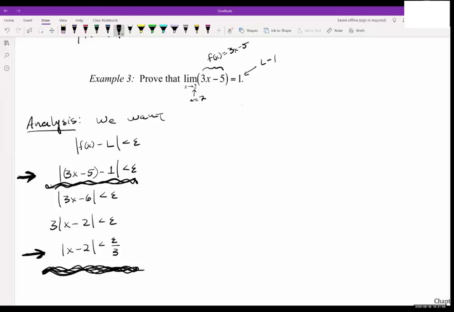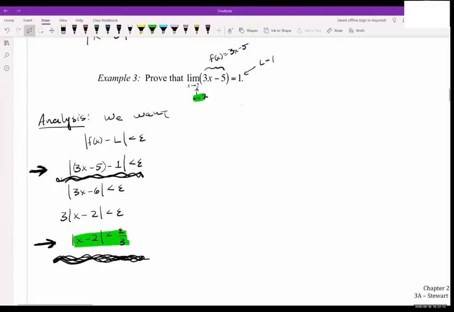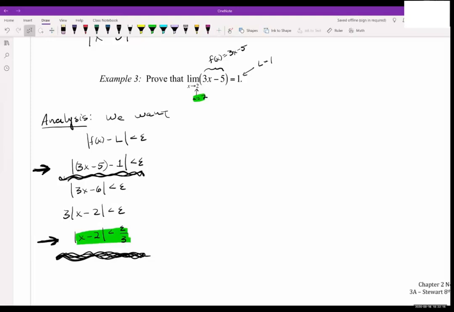And you'll notice that this is my green region on the floor, okay? Because what are we approaching? Our x's are approaching a equals 2, okay? So our choice for delta, we choose delta equal to a third of epsilon, okay?